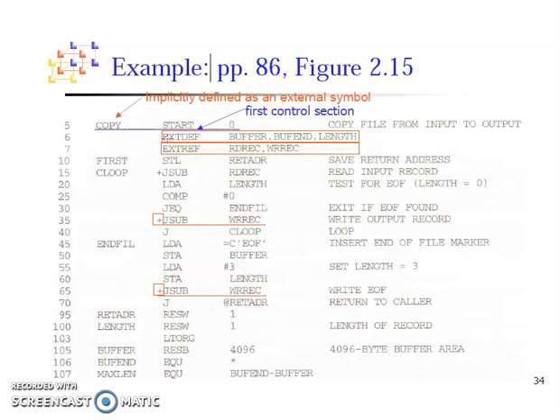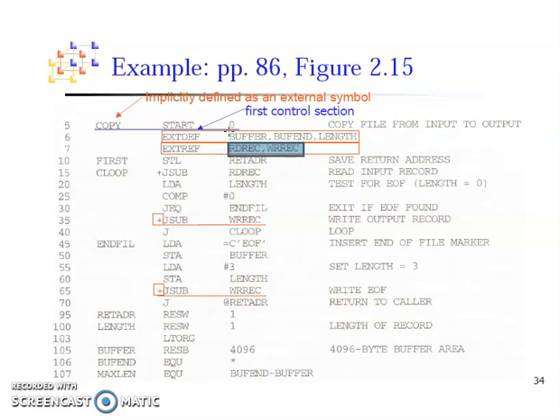So this is how it is used in the program that we have learned earlier. We have RDREC and WRREC, which are defined elsewhere. Our first control section is COPY, the first control section. In that case, RDREC and WRREC are treated as external reference symbols because they are defined elsewhere in the program.